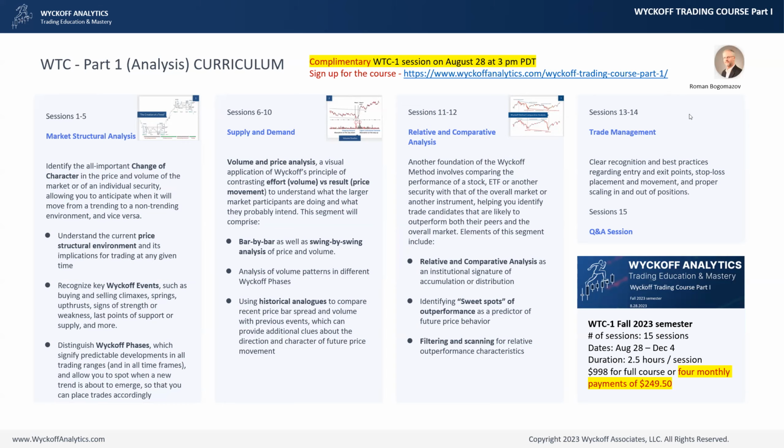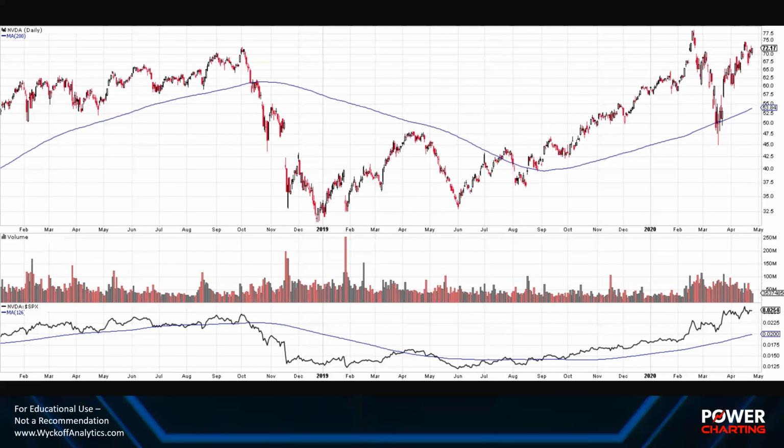All right. Well, let's go to our case study for today. Bruce, we're continuing with Nvidia, and in the last video we discussed this distribution and then this decline right here. So today is a very interesting continuation of the whole Wyckoff story that unfolds on this chart.